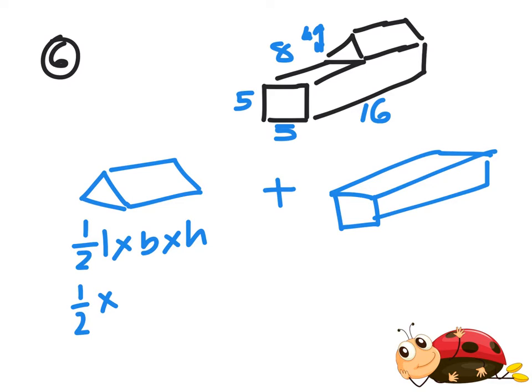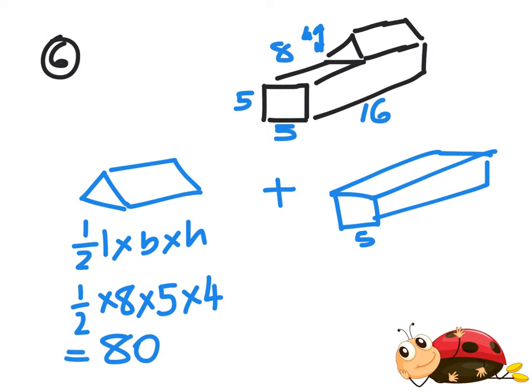So when I go back to put my numbers in, it's half of 8 times the breadth is 5 times the height is 4. All of that makes 80. For the cuboid, question tells us it's 5 by 16 by 5. So 5 times 5 times 16.